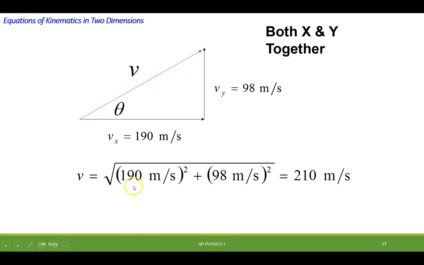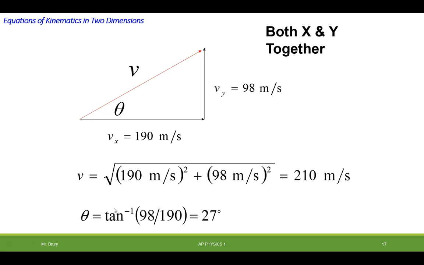The magnitude using the Pythagorean theorem comes out to be 210. And the angle comes out to be 27 degrees. So the final velocity would be 210 meters per second at an angle of 27 degrees, in this case north of east.